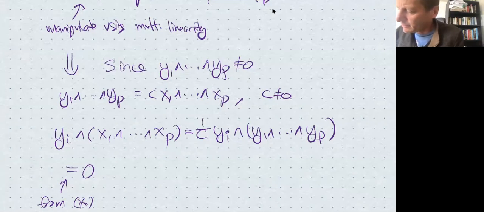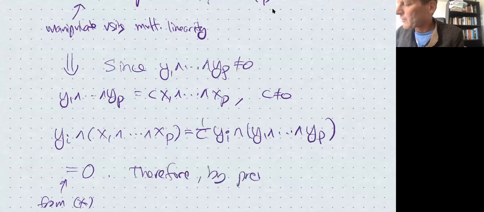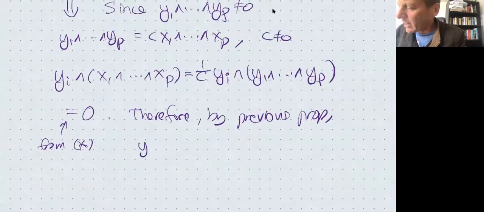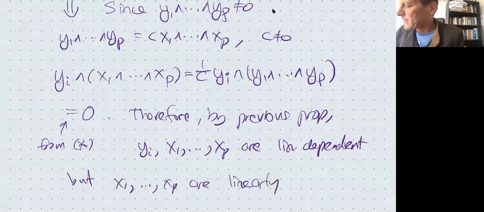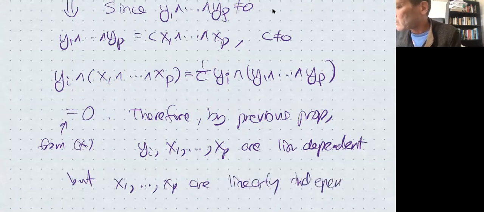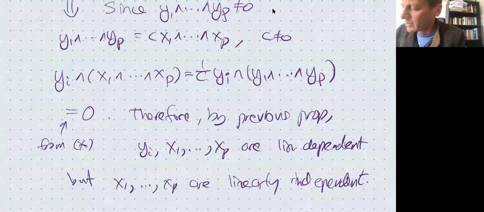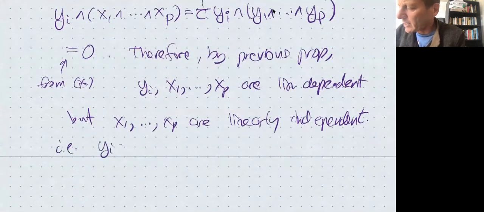And so this means, by the previous proposition, that yi, x1 up to xp are linearly dependent, but x1 through xp are linearly independent. And this means that yi is in the span of the xj's.